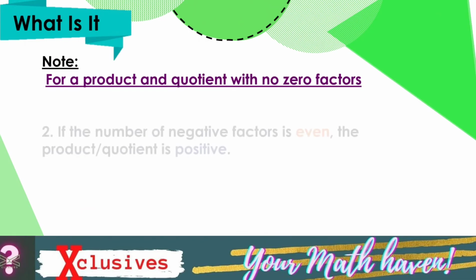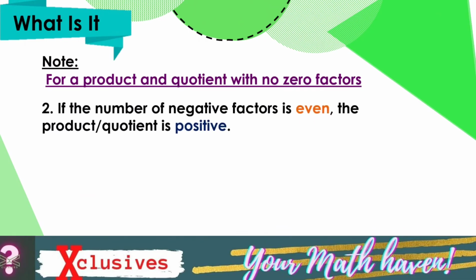Case number 2. If the number of negative factors is even, the product or quotient is positive. Let me show you an example. Negative 2 times negative 2 times negative 2 times negative 2 is positive 16. How can that be? In this example, we have 4 negative factors. 1, 2, 3, 4.